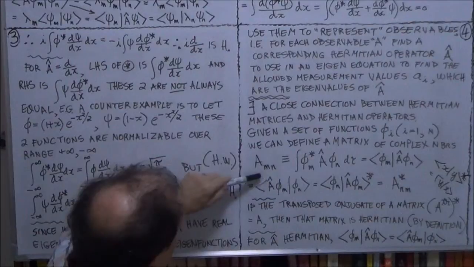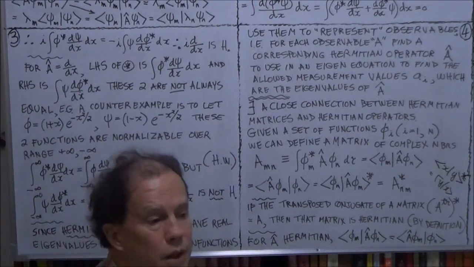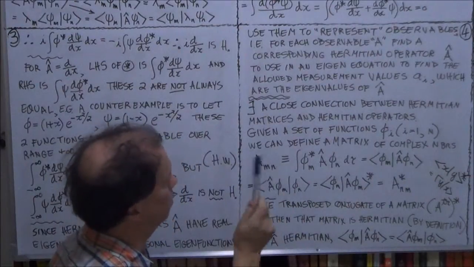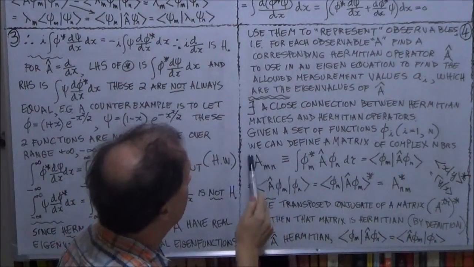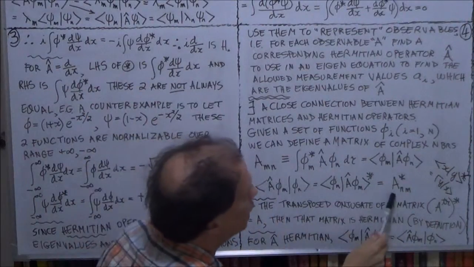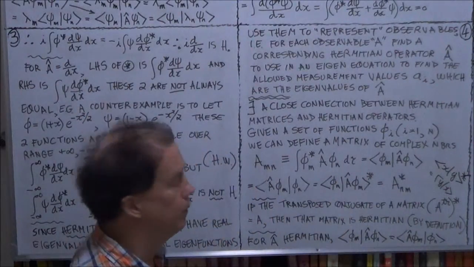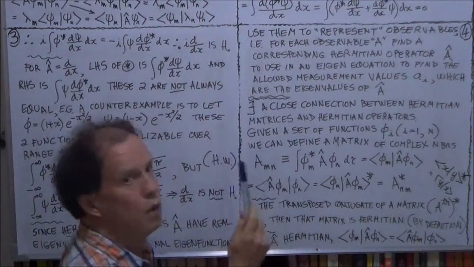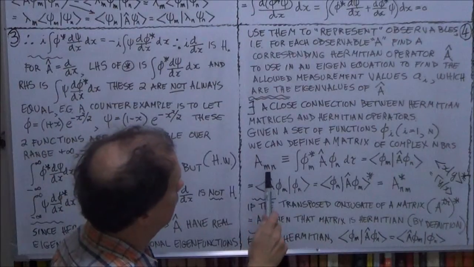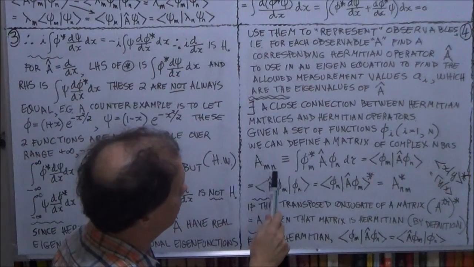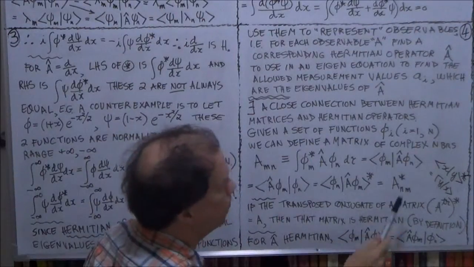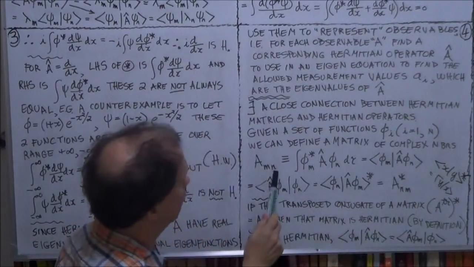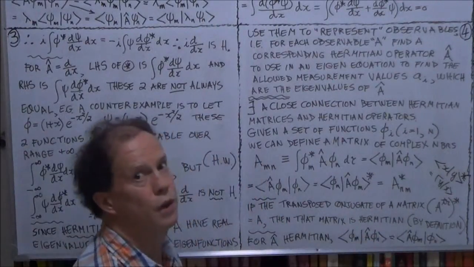Summarizing a little bit, you now have a relationship between the elements of a Hermitian matrix: A mn is equal to A nm star. Now in words, what are you doing here? When you take a matrix, mn becomes nm, so the rows become the columns and the columns become the rows.